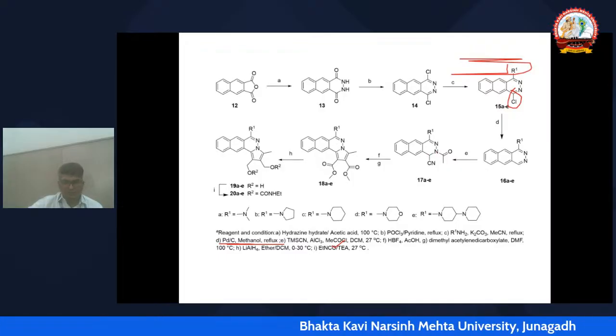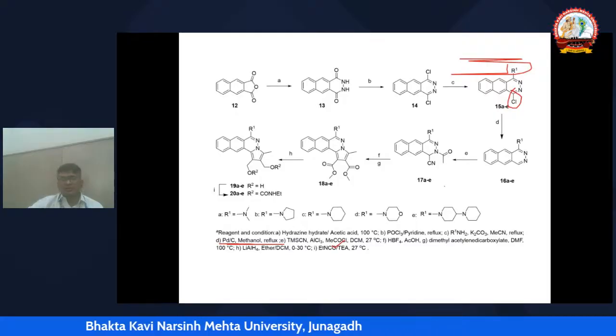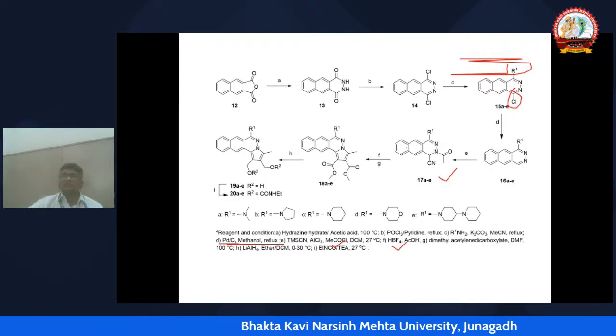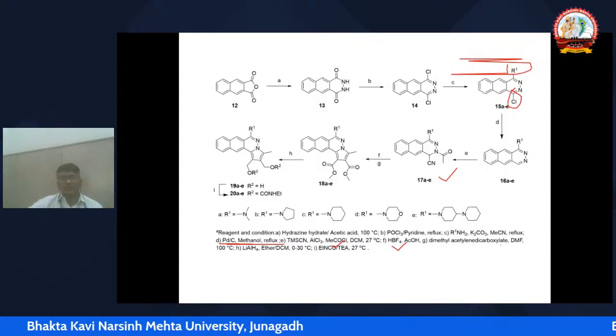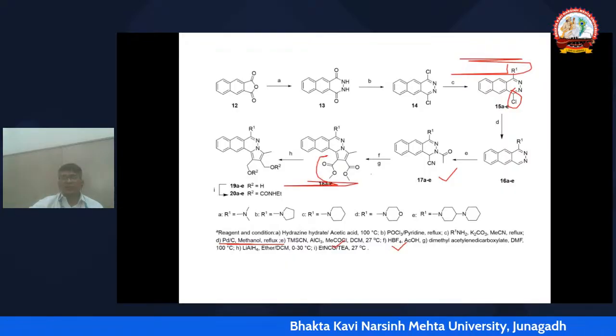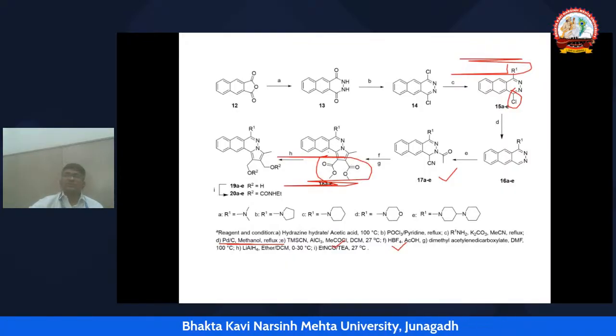Now, similar to the earlier method, these 17A to E were converted into the HBF4 salt, which then undergoes a Diels-Alder reaction with dimethyl acetylenedicarboxylate in DMF at 100 degrees and gives diester molecules. So this pyrrole contains these diester molecules.